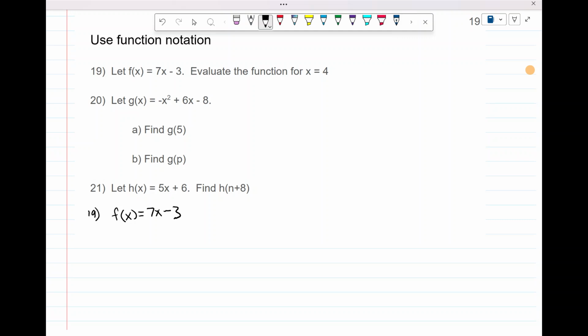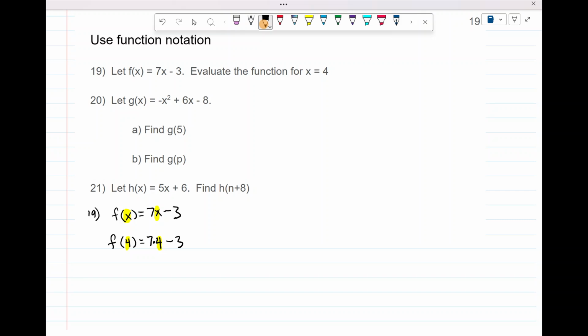So what we do is everywhere we see an x, and I like to put it right underneath it, anywhere I see an x in this entire equation, I'm just going to replace it with 4. So first I replace it right here. And then remember, 7x, that's the same as 7 times x, so I'll change that to 7 times 4 minus 3. And so again, just notice everywhere I had an x, I replaced it with a 4.